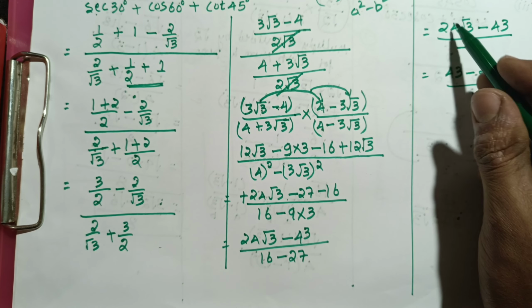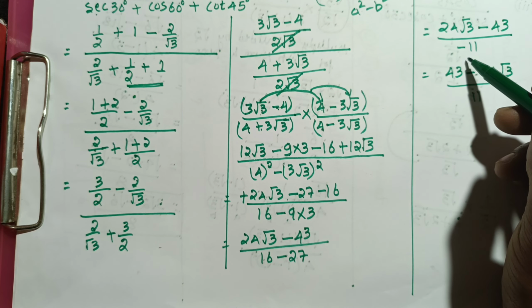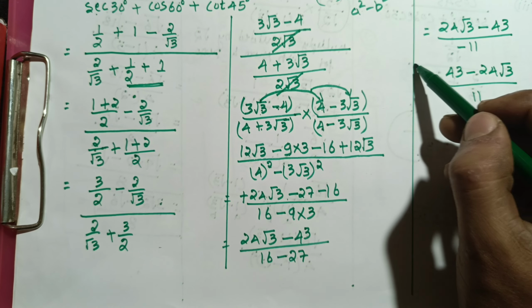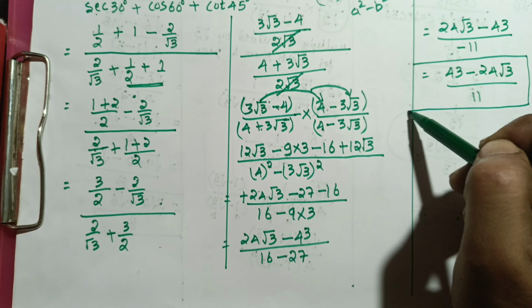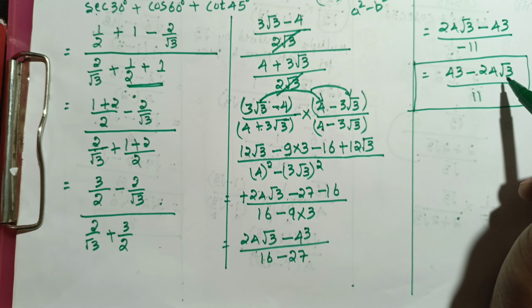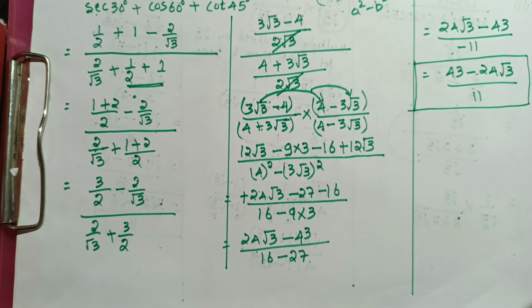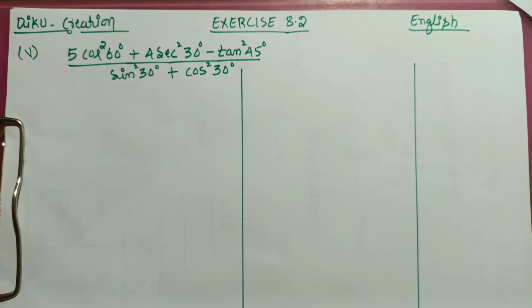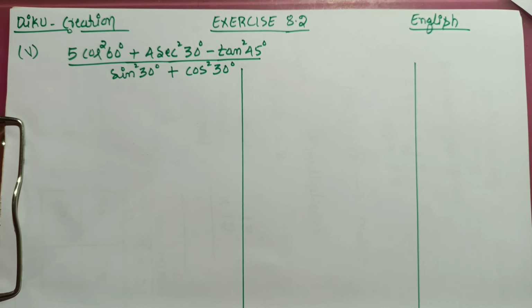Here I have taken the minus common in the numerator as well as the denominator. That minus is going to get cancelled, hence the final answer is going to be 43 minus 24 root 3 divided by 11.